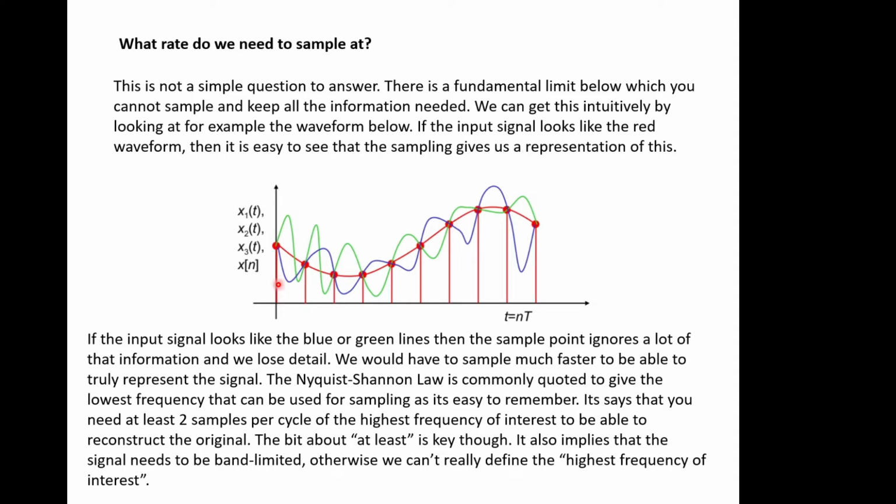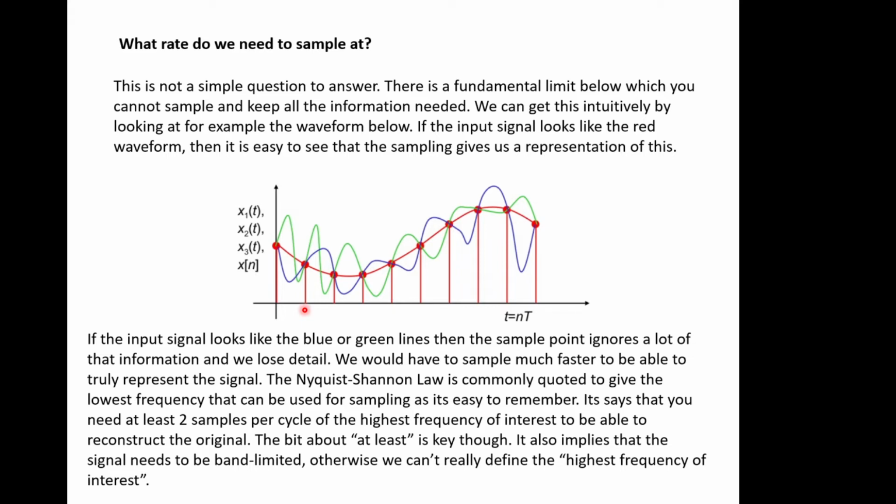But if we're only interested in the red one and the green one is superimposed on top of it, like noise or another signal that we're not interested in, then we can filter this whole waveform through one of the filters that we looked at earlier in the course, get rid of the high frequency stuff, and that allows us to then be guaranteed that anything we're trying to digitize after that point is below a certain frequency. It's below the cutoff frequency of the filter, and therefore we can then predict what the Nyquist rate needs to be and work within that, and that's called an anti-aliasing filter.